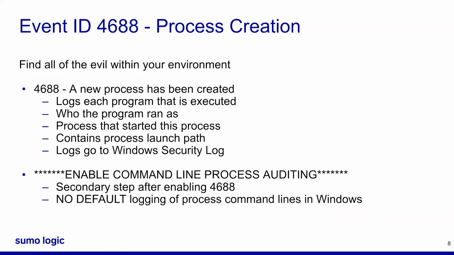If you just enable 4688, check the box, that's great, you have process creation, but the value comes from enabling the logging of the actual command line. That's a secondary step that has to occur when you do this. So it gives you programs that executed, who the program ran as, processes that started this process, and the process launch path, and this goes to the Windows security log.